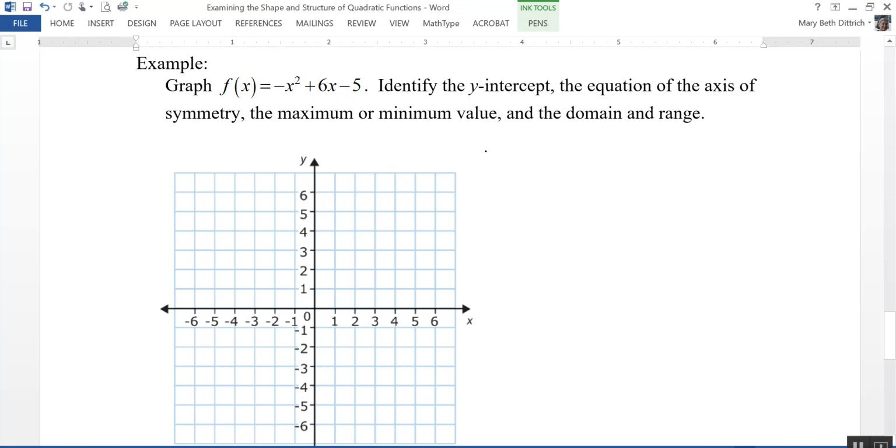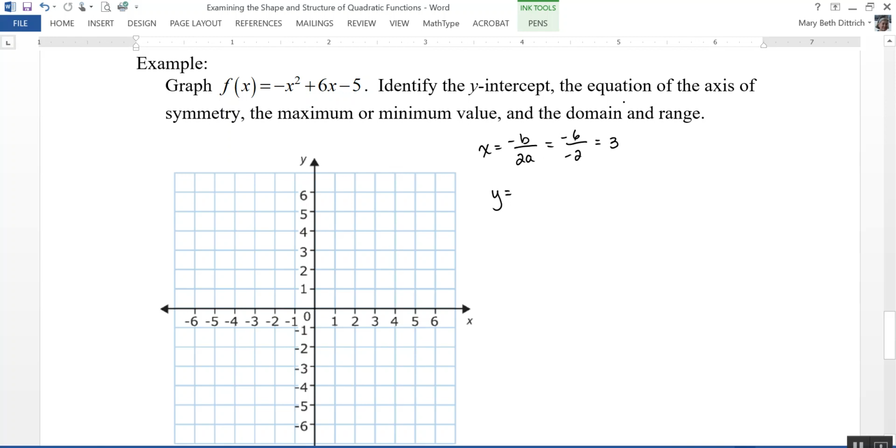Remember that the x-coordinate of the vertex is the opposite of b over 2 times a. So that's going to give me -6 over -2, or 3. Plugging that back in is going to give me the y-coordinate.